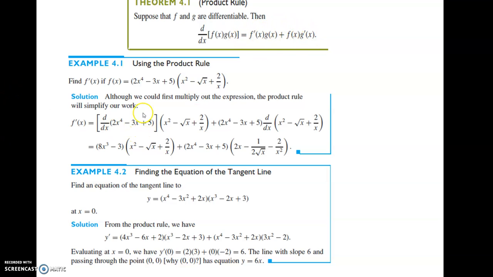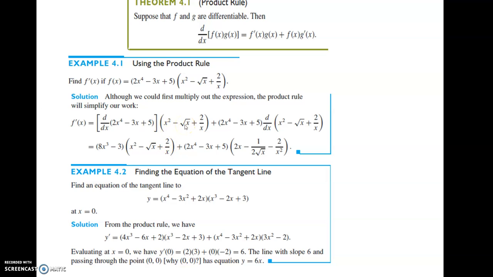For example, you are given f(x), this is the first function, this is the second function, this is f and this is g, and you are asked to find f prime. Before I find the derivative of this, I will use the product rule. f prime x is the derivative of the first with the second function as it is, plus the first function as it is times the derivative of the second.